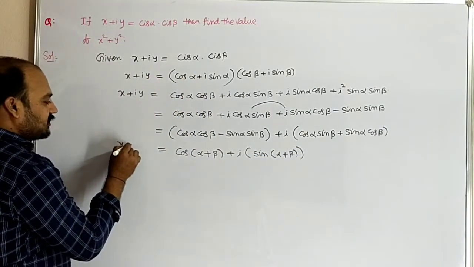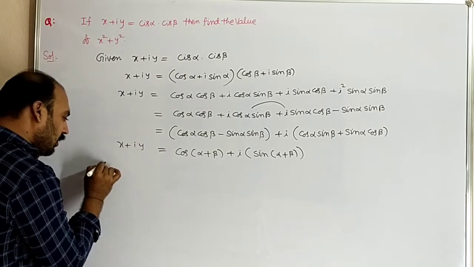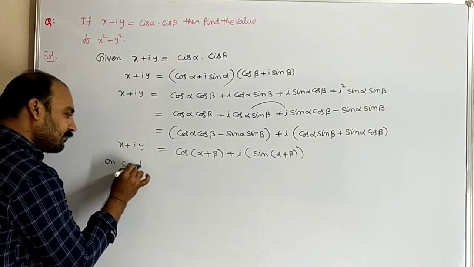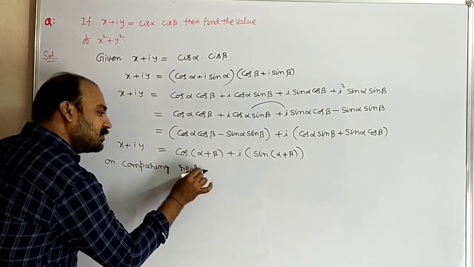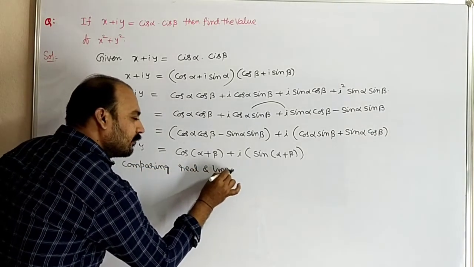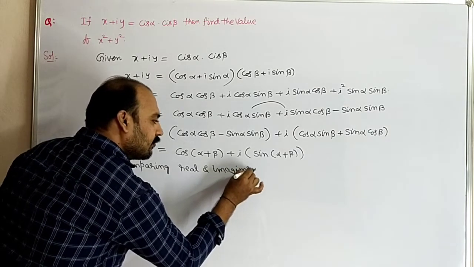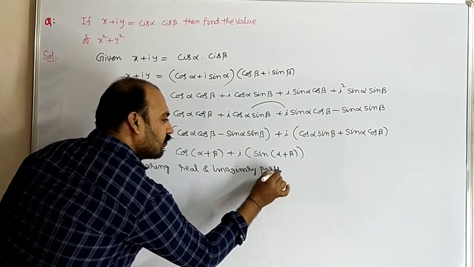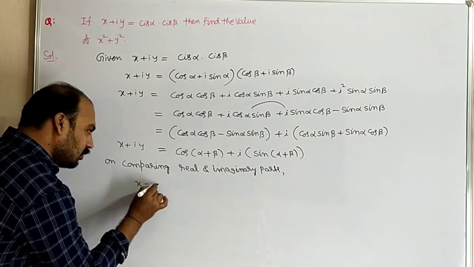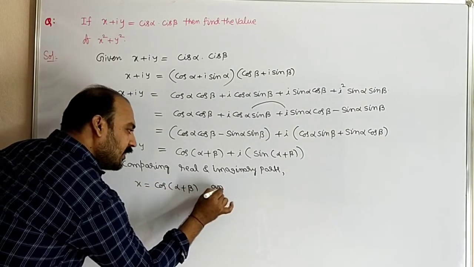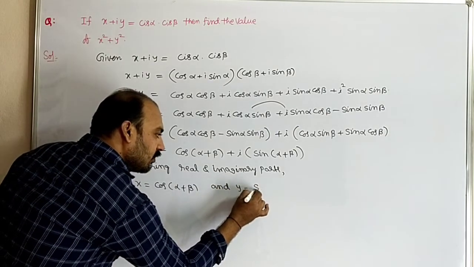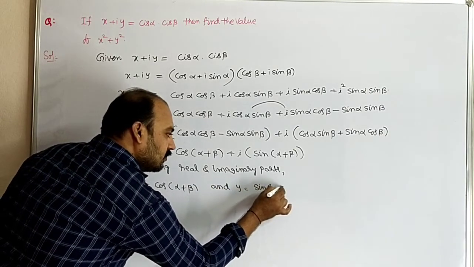Now x plus iy, on comparing real and imaginary parts, x is equal to cos of alpha plus beta and y is equal to sin of alpha plus beta.